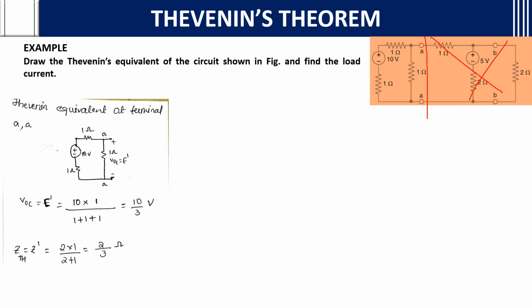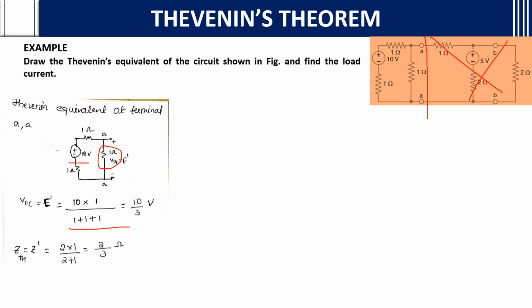And the 1 ohm, the others I have written in the same way. We want the voltage across the terminals, plus minus. It can be replaced by VOC, the open circuit voltage, or E dash as the Thevenin equivalent at terminal A and A. So E dash or VOC, if you want the voltage across this resistance, we use the voltage dividing rule.